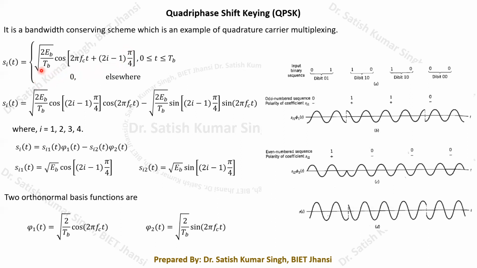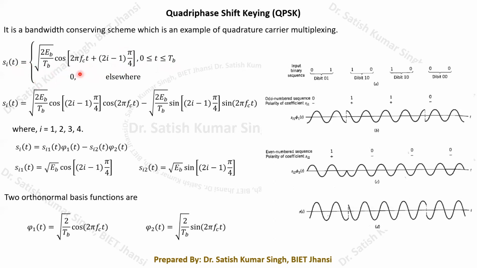This is the signal present during the time interval 0 to T_b, where T_b is our bit duration.